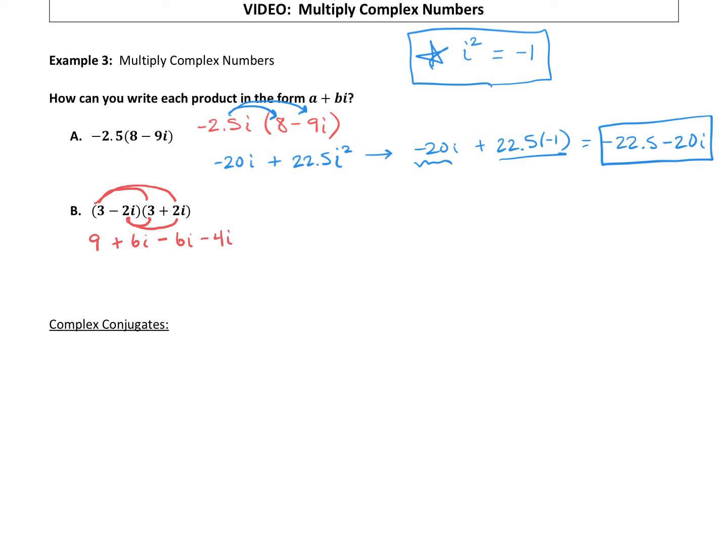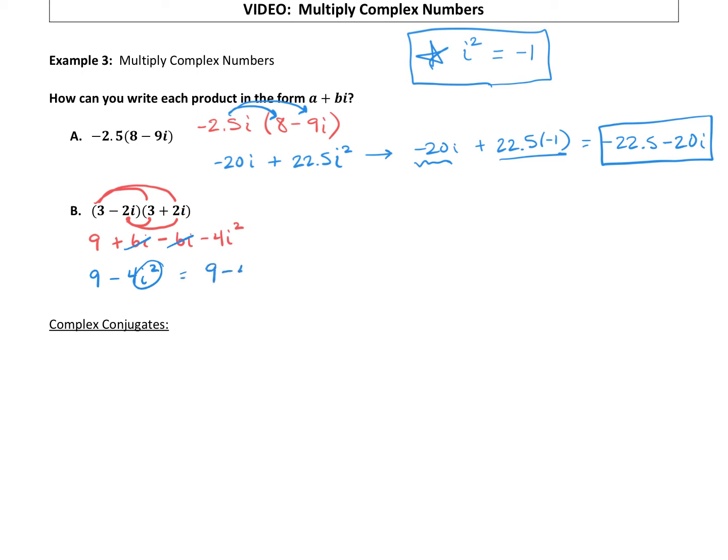So let's combine any like terms first. We have a positive 6i and a negative 6i. Those actually do cancel each other out. We're going to carry down the 9 minus 4i squared. So there's that i squared that showed up in our work. We're going to replace that with a negative 1.